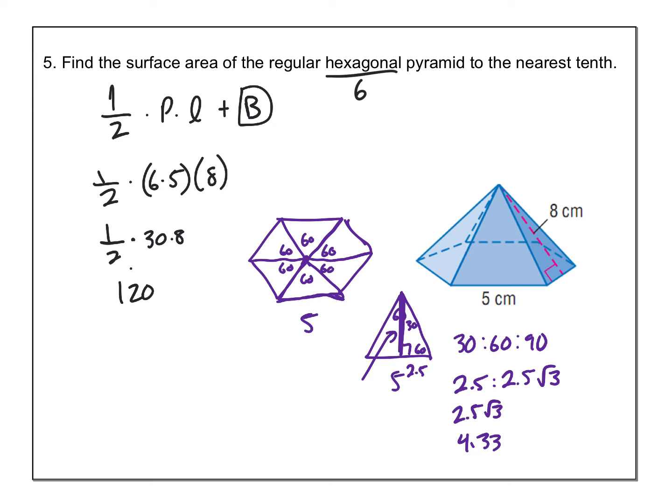Okay, so that's my height, 4.33. So my triangle would be 5 times 4.33 divided by 2. So that's going to be 10.83. Then I multiply that by 6, because there's 6 triangles.